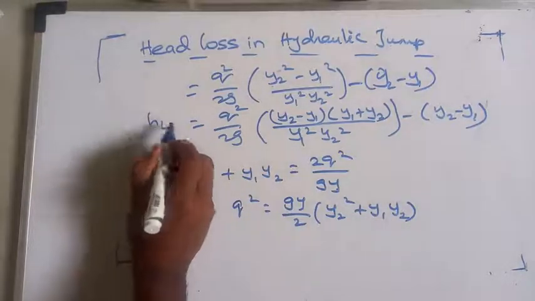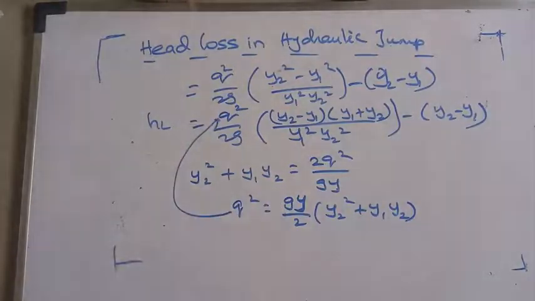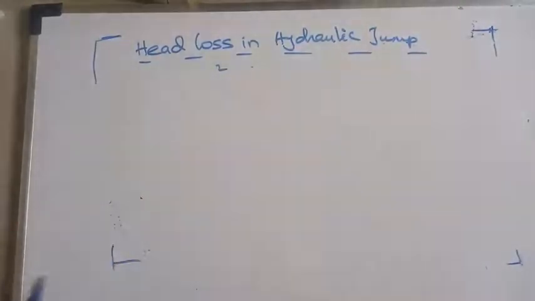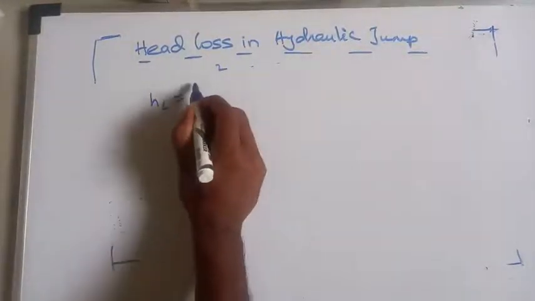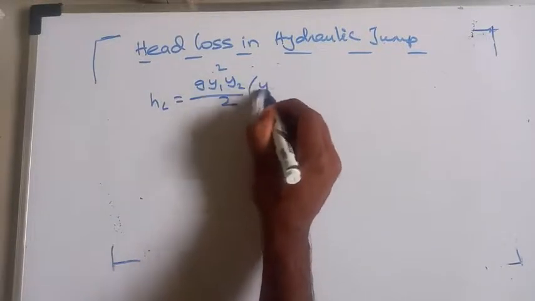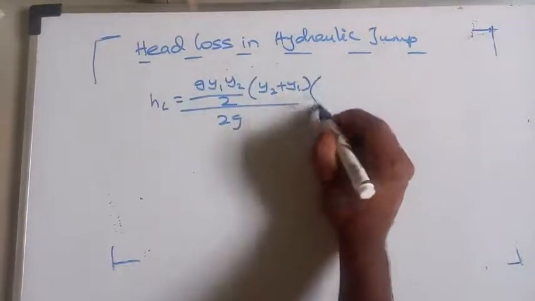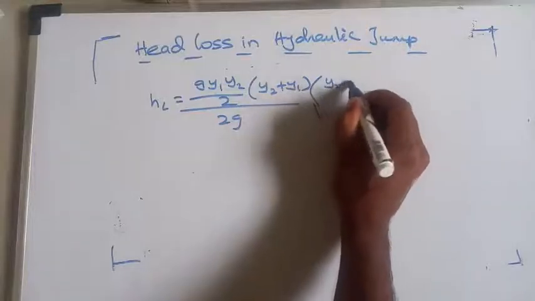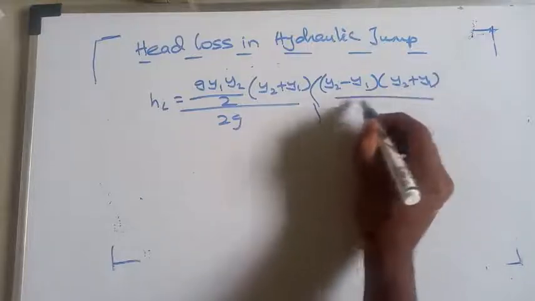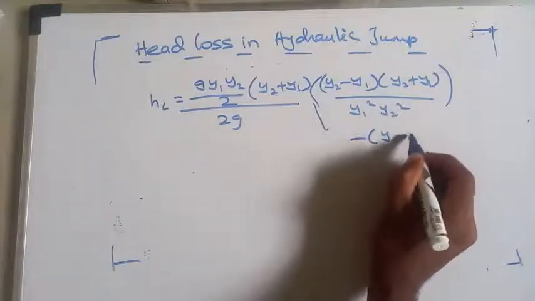If I substitute this q value in this equation and solve, I will get head loss is equal to g into y1 y2 by 2, y2 plus y1 by 2g into y2 minus y1 into y2 plus y1 divided by y1 square y2 square, minus y2 minus y1.